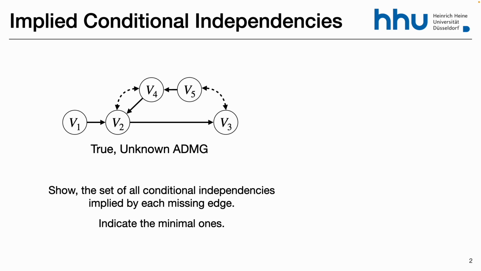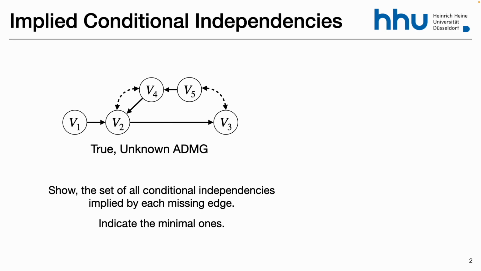Every pair of non-adjacent variables is separated by some set, so this implies some independence. Just look at the missing edges, and of course those are the minimal independencies, which means they are conditional independencies given the smallest conditioning set that you can find. Those are called minimal conditional independencies, but they are not the entire set of conditional independencies.